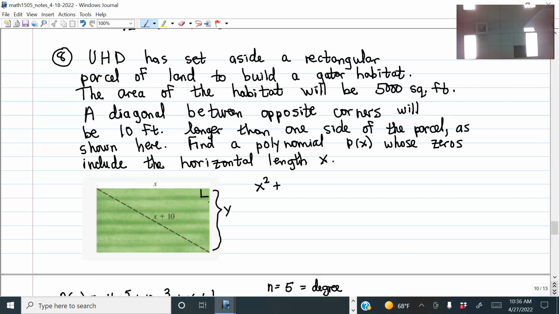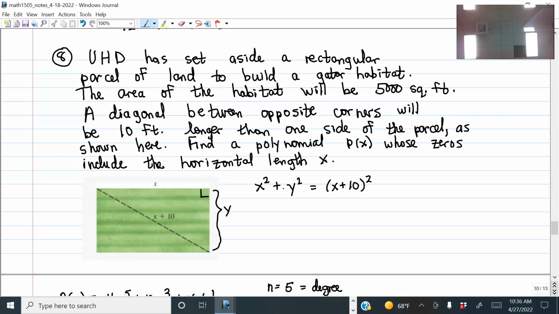I don't know the length of this side, and since this is a rectangle, not a square, it does not have to be x. So I'm going to call it y, just to give it a name I can work with. So x squared plus y squared is going to be the length of the diagonal squared, the hypotenuse of this right triangle squared. But I know something about that hypotenuse. That's x plus 10, correct?